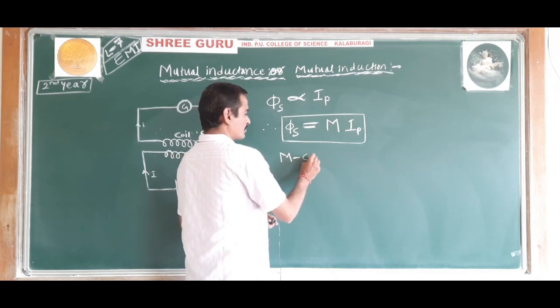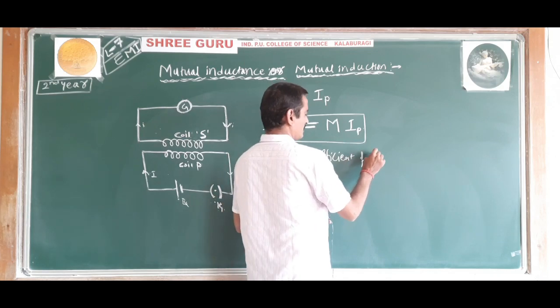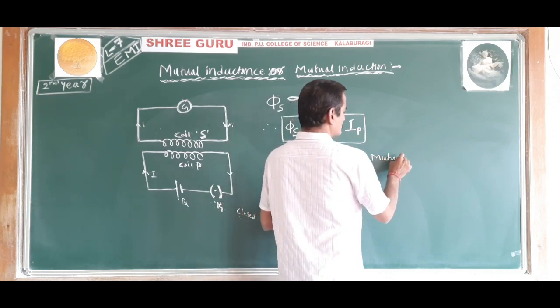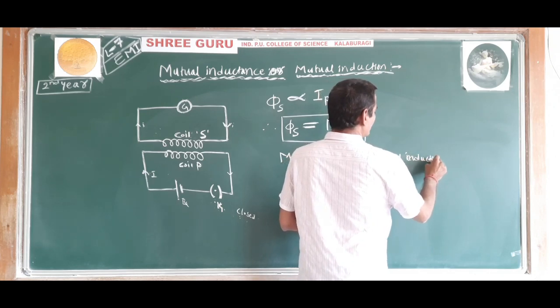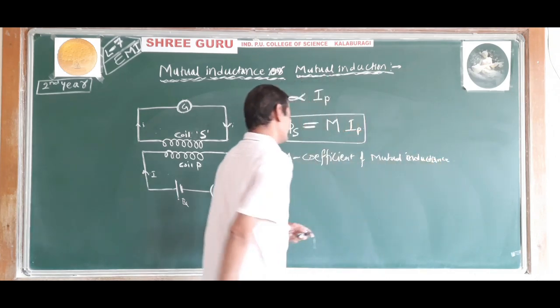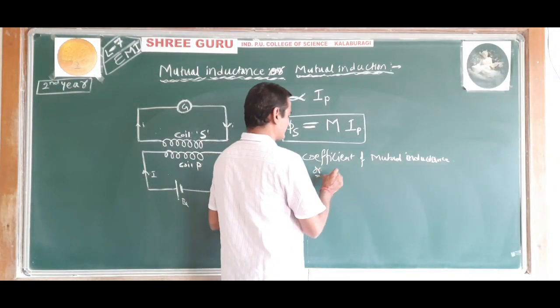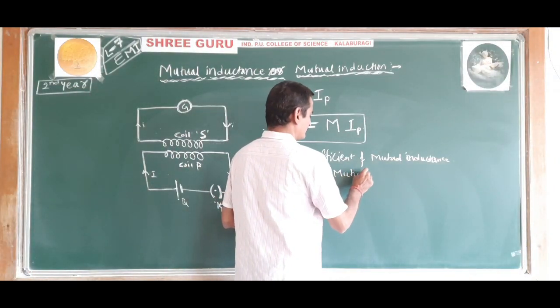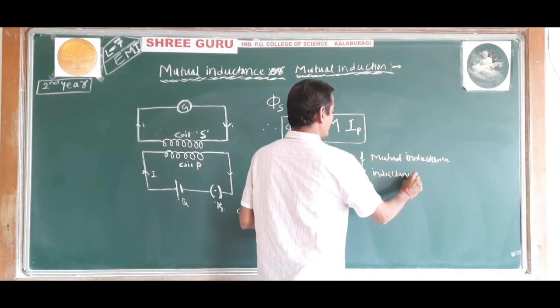It is called coefficient of mutual induction or inductance, coefficient of mutual inductance, or simply mutual inductance between a pair of coils. Okay.